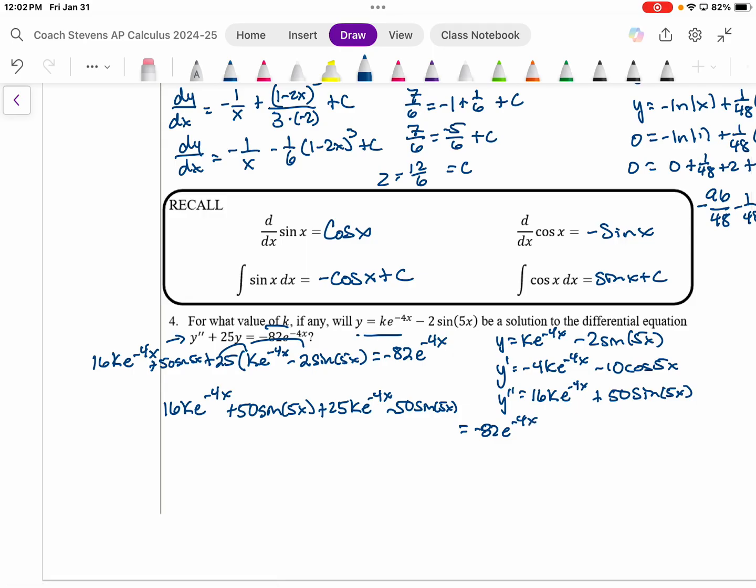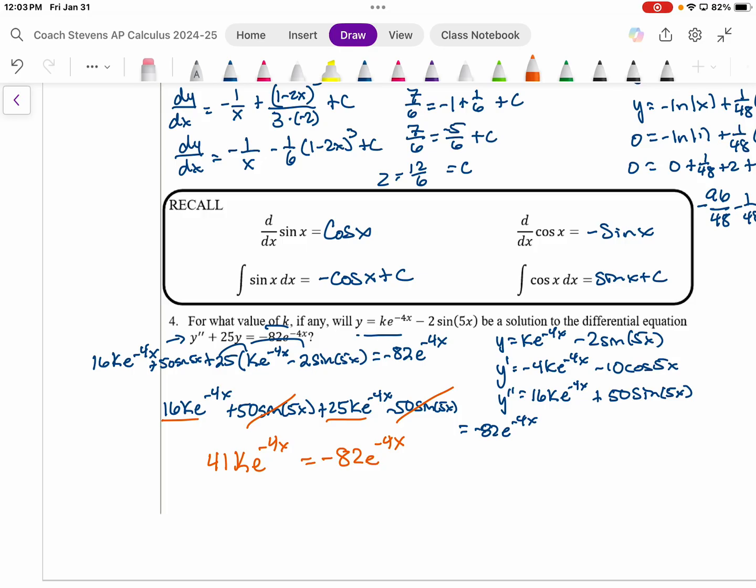Now our goal is to solve for k. So the 50 sine 5x and the negative 50 sine 5x cancel. I can go ahead and combine the 16k and the 25k to make 41k e to the negative 4x, and that's equal to negative 82 e to the negative 4x.